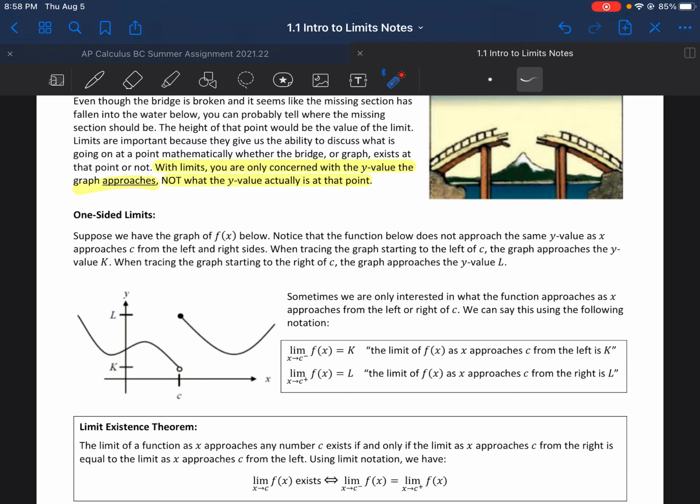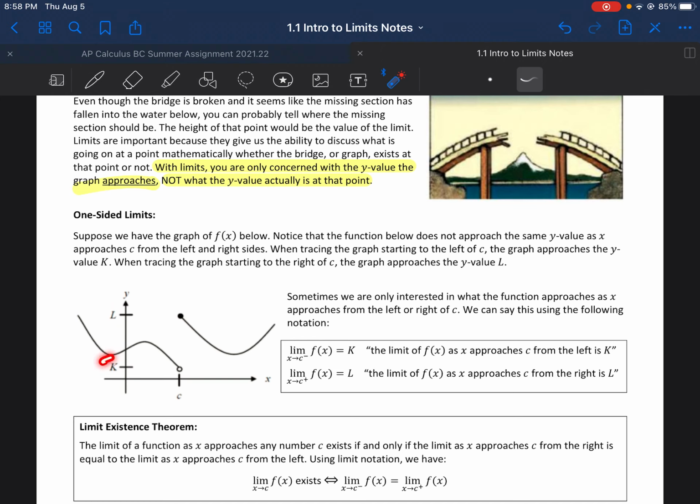And notice that, if I trace the graph on the left side of c, the y values to the left of c are approaching this y value of k. But if I approach c from the right side, so I start tracing the function on the right side of c, the y values are approaching L, okay?